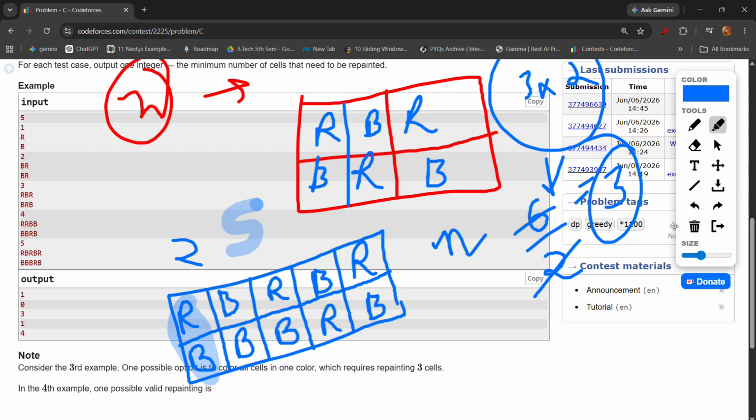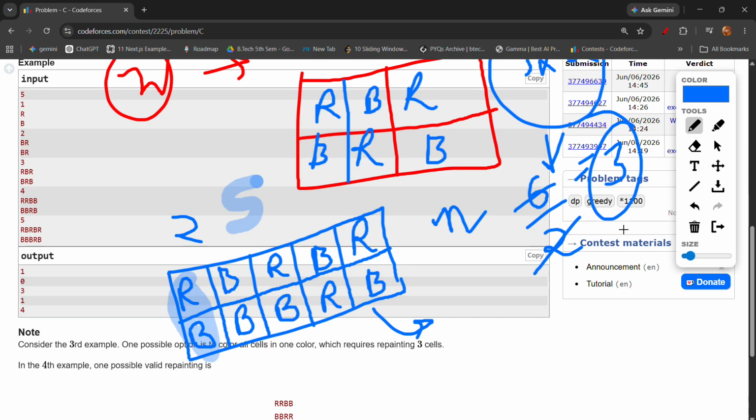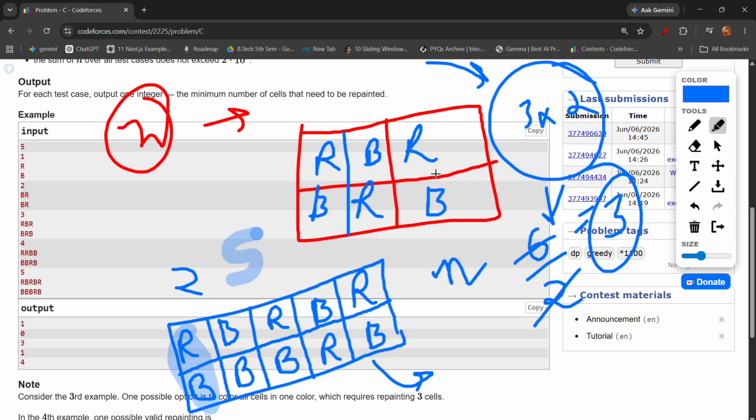Before, when I was doing this question, I got confused, thinking maybe we can skip. I did not go into this mathematics before, but when I thought deep enough, I realized that we can't skip anything, and that's what I was mistaking.